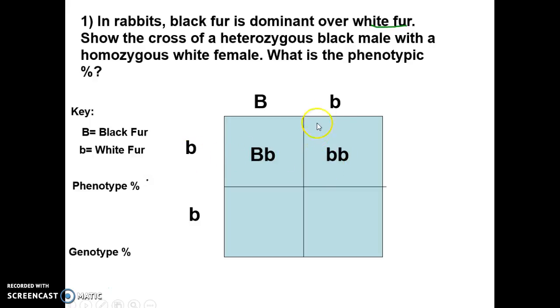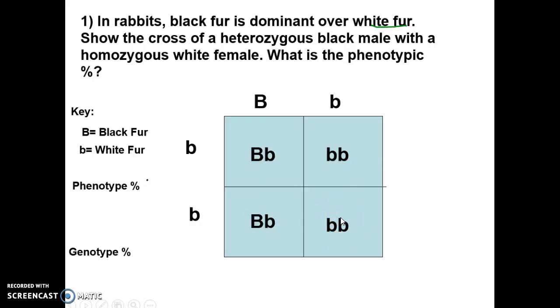This one would be big B, little b. You drop the big B in, the little b in, but you put the big B first. And last but not least, this one would be little b, little b. So this is heterozygous, heterozygous, homozygous recessive, homozygous recessive.